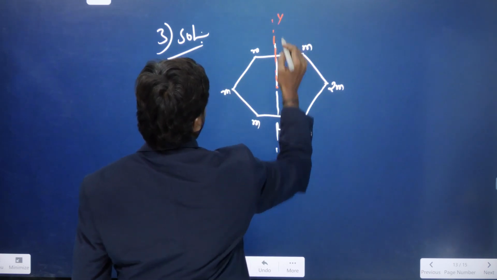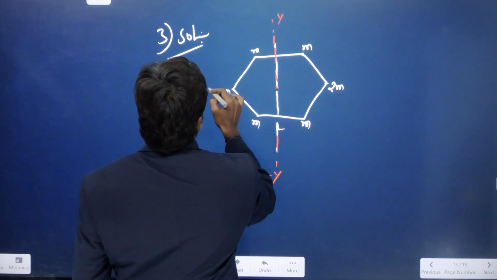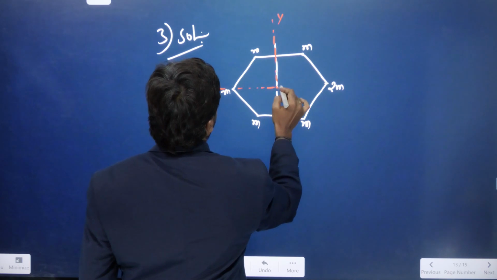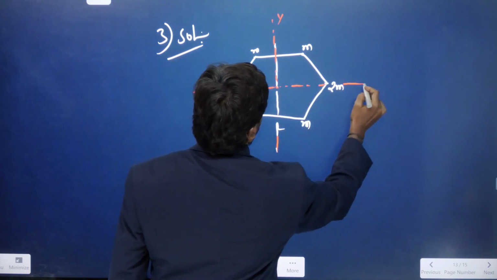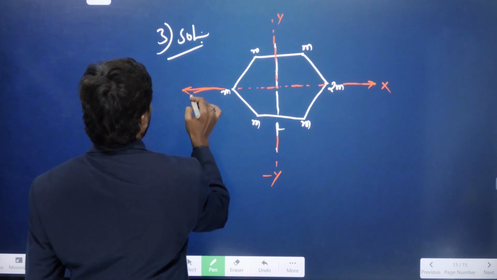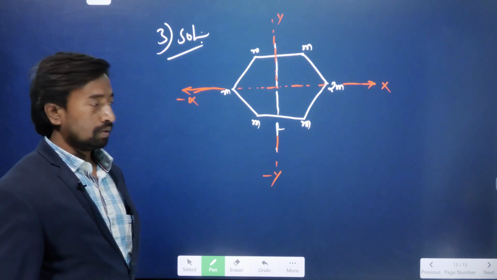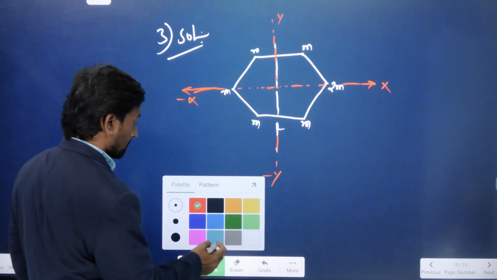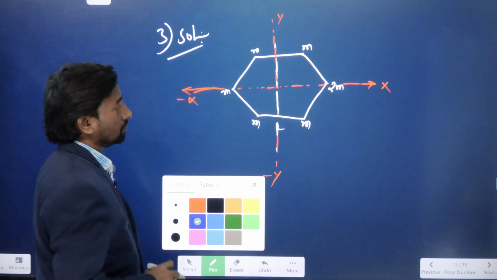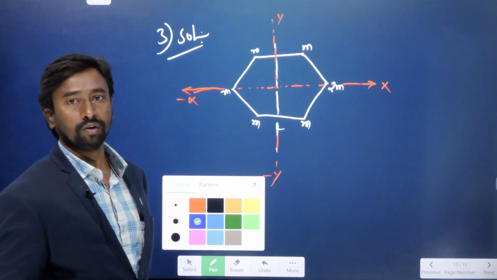Let us consider this as the y axis, this will be the negative y axis, and this will be the positive x axis, and this is the negative x axis. Now, we should find out the coordinates of each and every particle placed at the vertices of the regular hexagon.